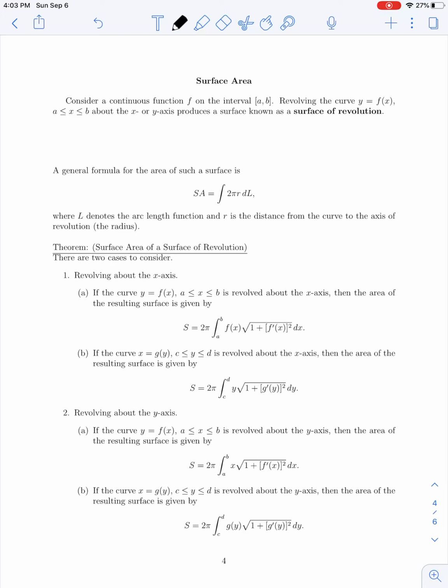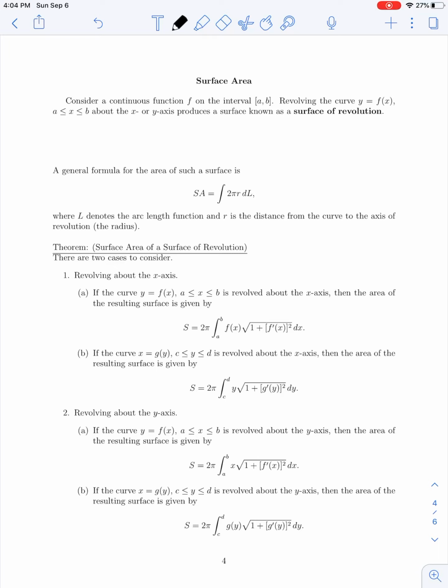of revolution. So let's consider the following problem. Suppose that we have a continuous function f on some interval from x equals a to b, and we revolve the curve y equals f of x, so the graph of this function, from x equals a to b, about the x or the y-axis.